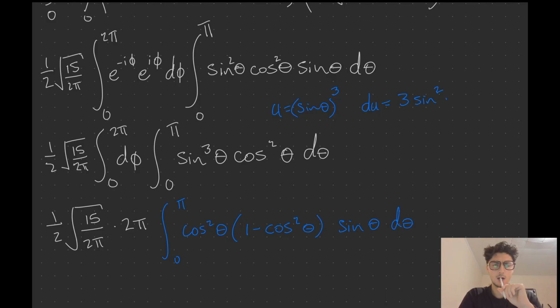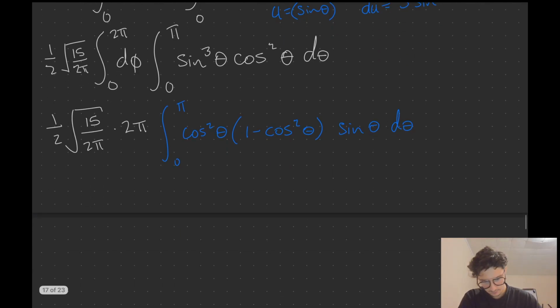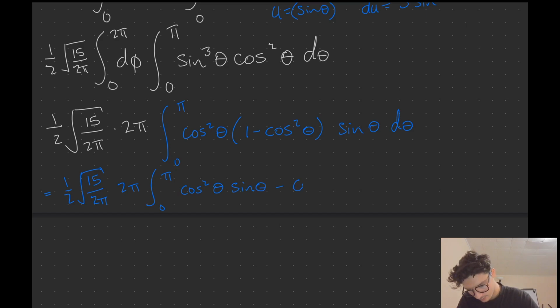Then we have 1 over 2, 15, 2 pi, 2 pi, 0 to pi. So here we have cosine squared theta, sine theta, minus cosine to the 4th theta, sine theta, d theta, 2 integrals.